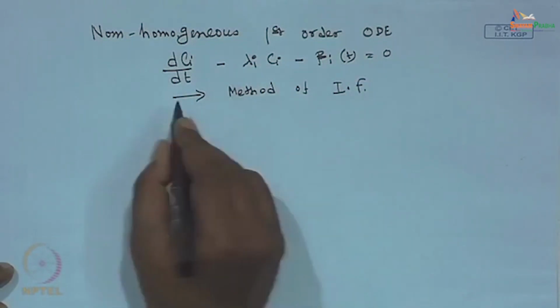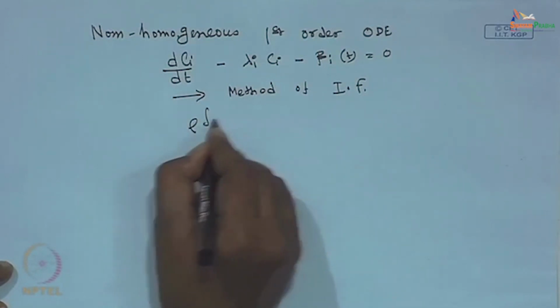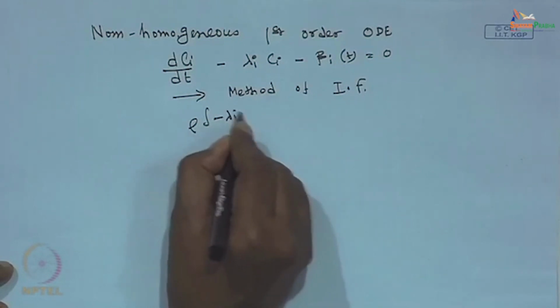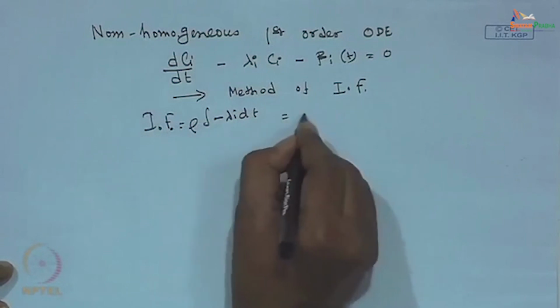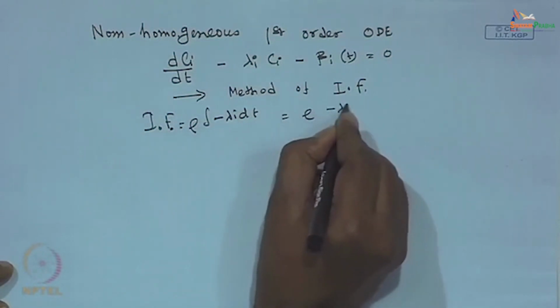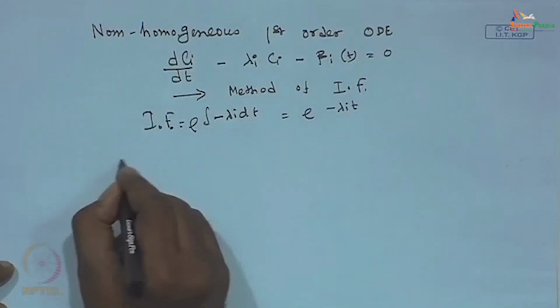So, we multiply both sides by e to the power minus integral lambda_i dt. This is the integrating factor. So, this becomes e to the power minus lambda_i t. So, we multiply both sides by e to the power minus lambda_i t.